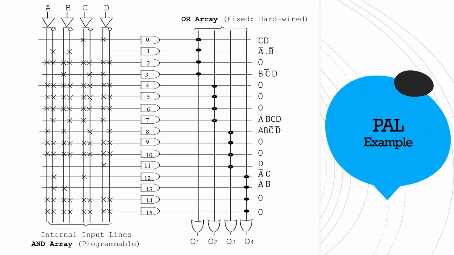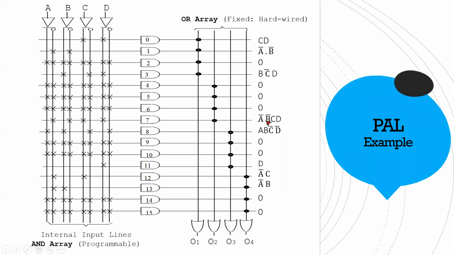Next one was only one term, A bar B bar C D. Others are 0. So only one term. Your O2 was equal to A bar B bar C D. So first one is 0, second one is 0, third one is 0, last one is A bar B bar C D. Why the last one? You can make it at the first, the second, or the third, no problem.